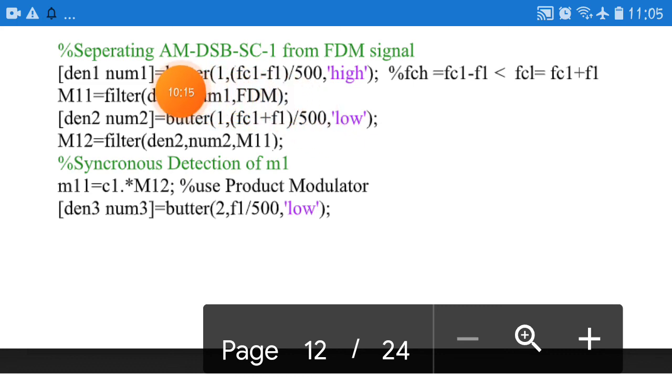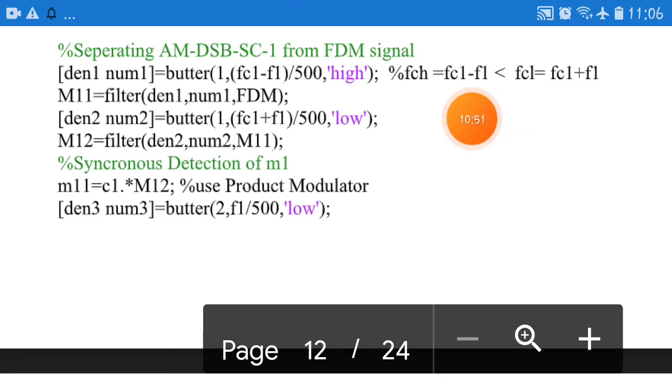Okay, so for separating DSBSC1 from the AM signal, you have to call the Butterworth high pass filter with the frequency limit FCH equal to FC1 minus FM1, and the low pass filter cutoff frequency FCL equal to FC1 plus F1.